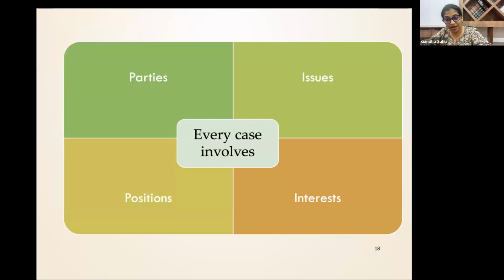When you ask them why, they say, because I suffered these damages, because he has harmed me in this way, because he's breached this contract, because there has been negligence in my case. I want him to pay me 1 crore rupees. 1 crore rupees is your position. The demand, the initial stance that a person takes, is the position.